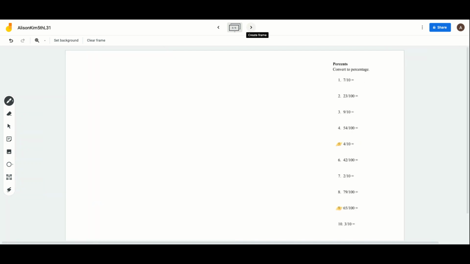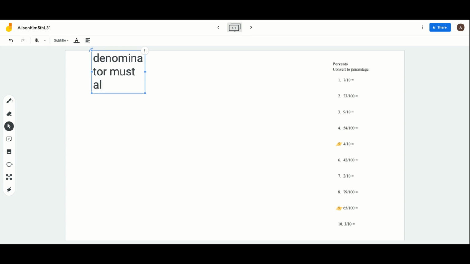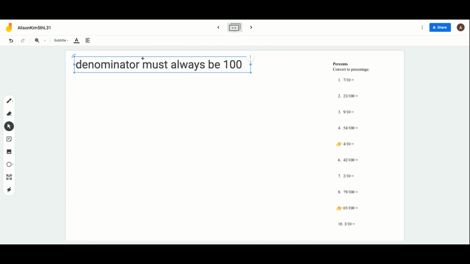Now let's do percent. The one thing about percents is that when you're dealing with fractions, the denominator must always be 100. And that's the easiest way to do it. But you can also just divide, but it's easier to just make the denominator 100 if possible.